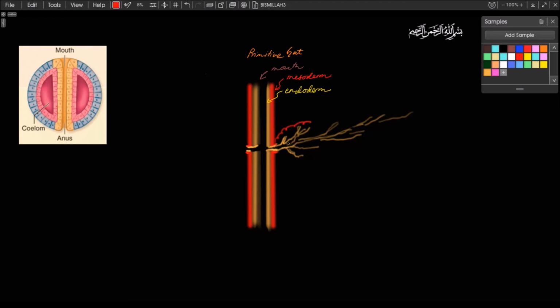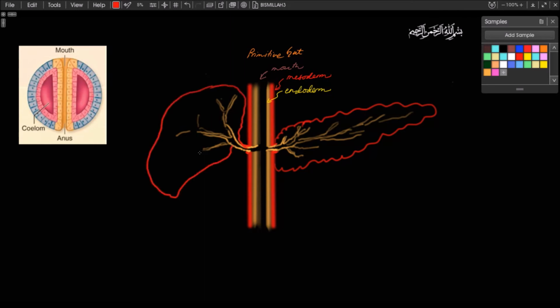And the mesoderm is just going to grow along with it and specialize like that. And on this side, the same thing. The endoderm is just going to keep growing like this. And the mesoderm is just going to follow along like that and specialize.